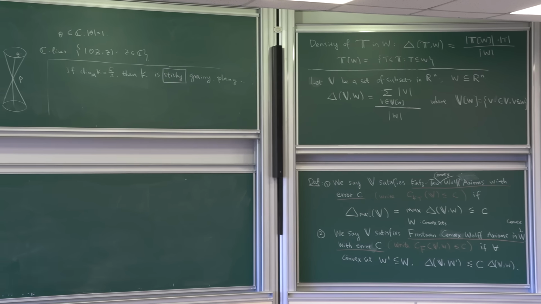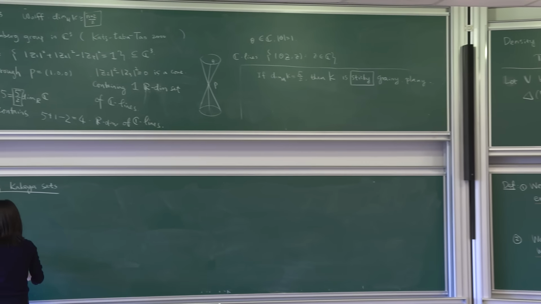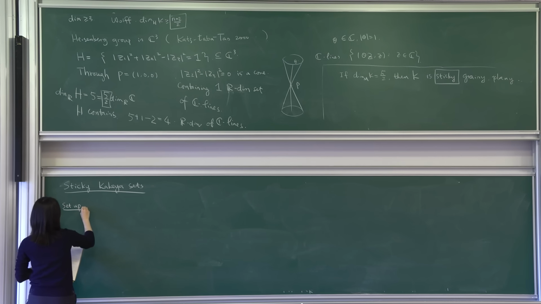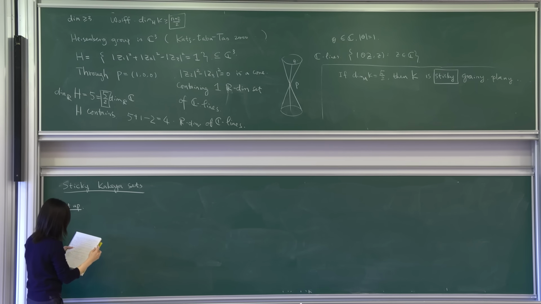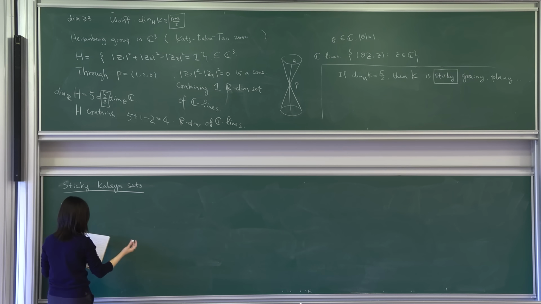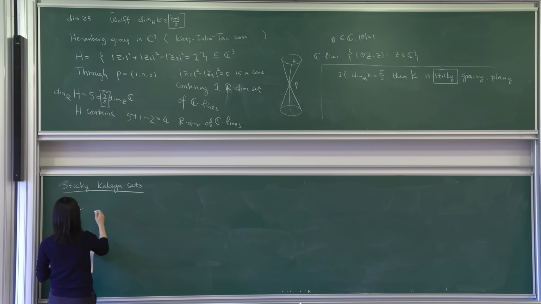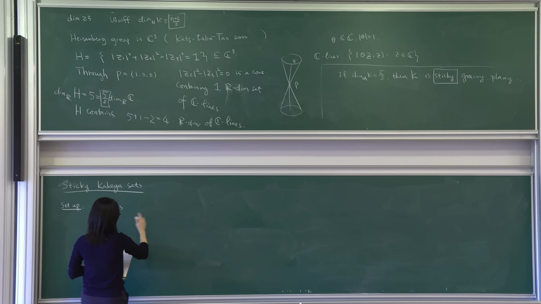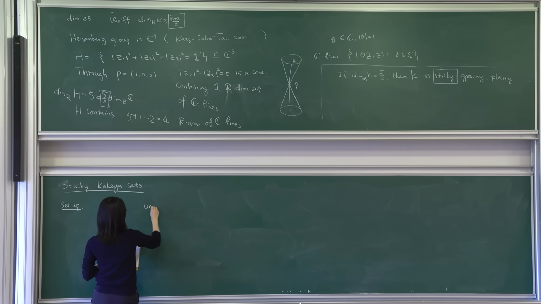So let's first do some pigeonholing. Setup: this is a very general setup. Let T be a set of delta tubes containing a unit ball. We say that T is uniform.